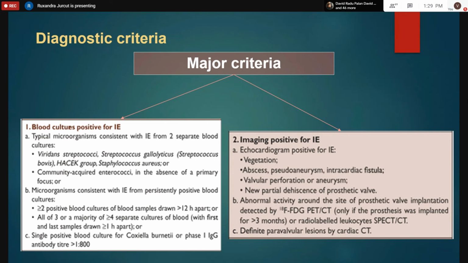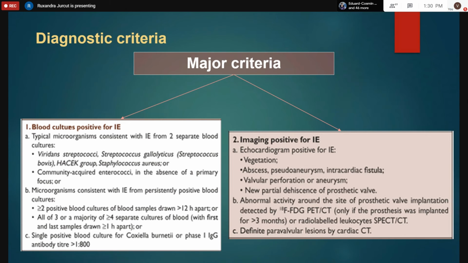So they should be positive with some sort of typical microorganisms. And I mentioned them before: Streptococcus viridans, Streptococcus gallolyticus or bovis, Staphylococcus aureus, the HACEK group, some other Enterococcus. So there should be some germs that are known to adhere to the platelets. So they have this ability of adhesion to cells, to other cells.